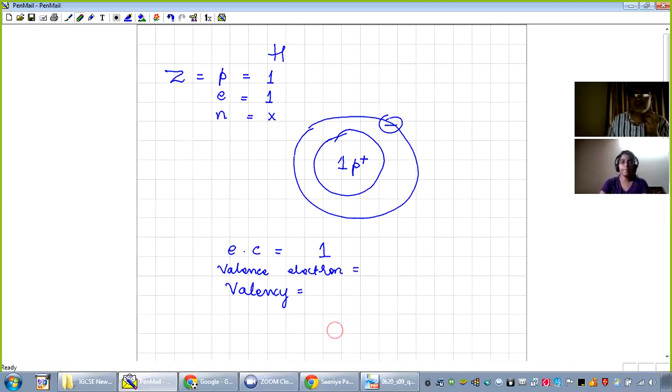What is valence electron? I know a little bit about valency. Valence electron, the definition is very simple. It is simply the number of electrons in the last shell or last orbit.